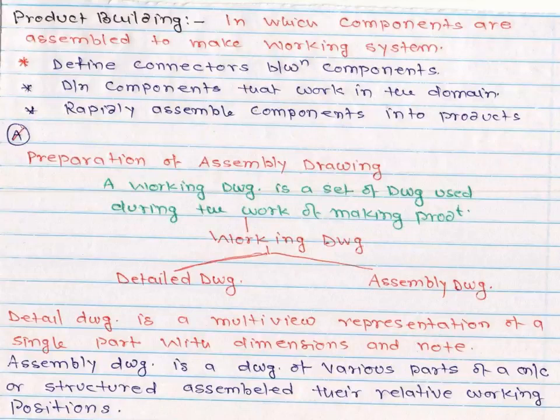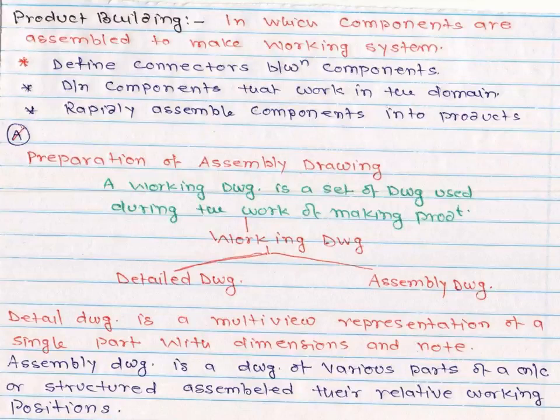Now we go for the preparation of assemblies. After designing the various modules of the components or subsystems, we go for preparing an assembly drawing. It is a working drawing, a set of drawings used during the work of making products.